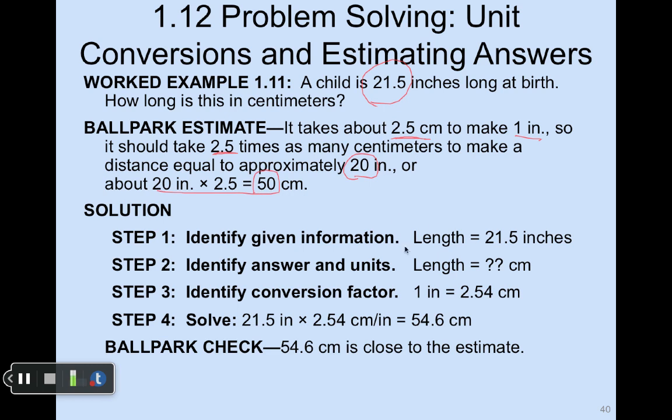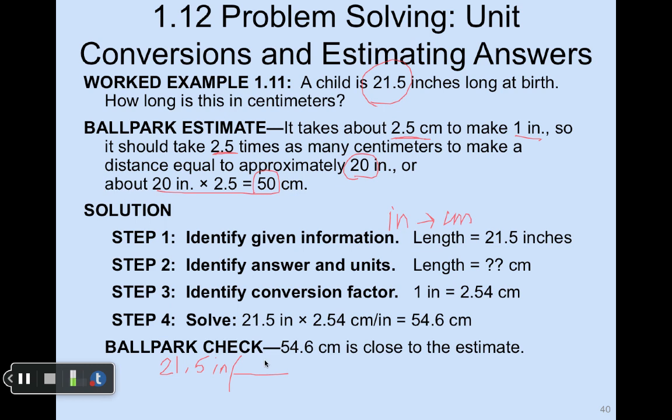So you identified the given information to actually set up the problem. You would say 21.5 inches, and so you write that down here to work out the problem carefully. And I don't like English to metric, but they're useful examples. You want to come up with the answer in centimeters, so we're really only going from inches to centimeters in this unit plan.